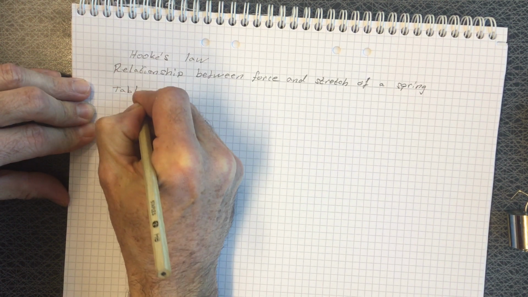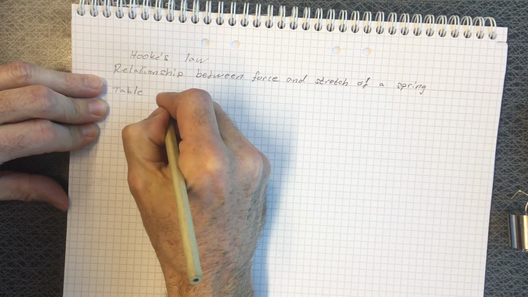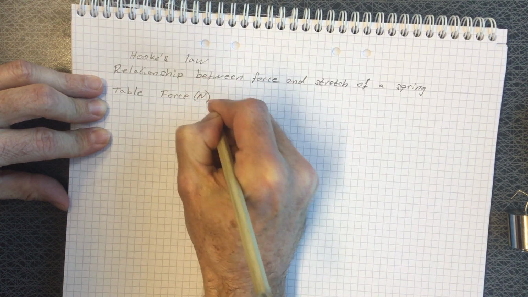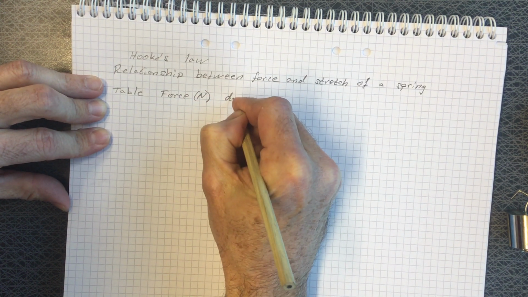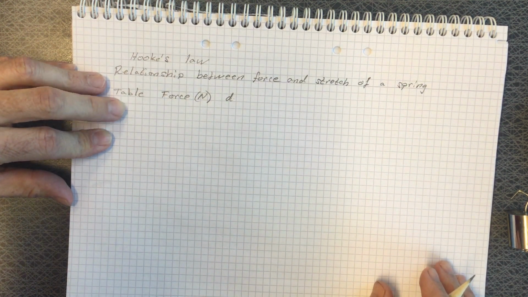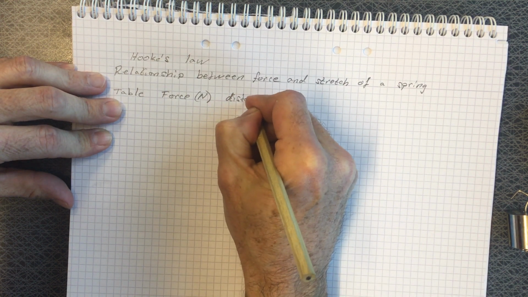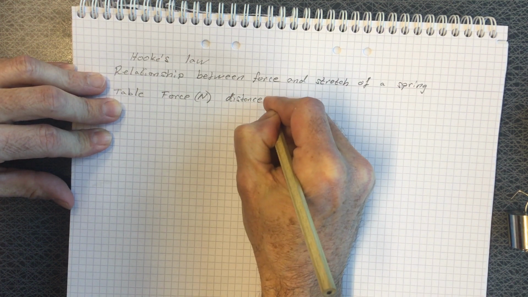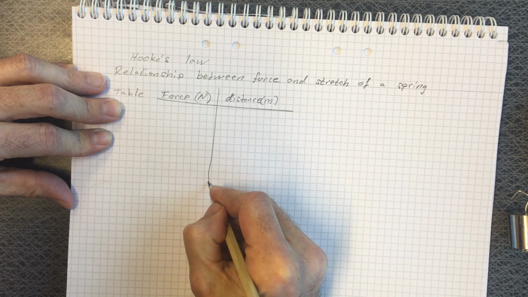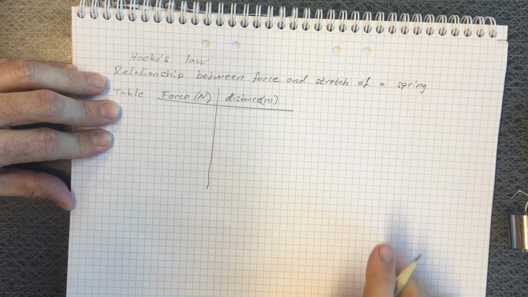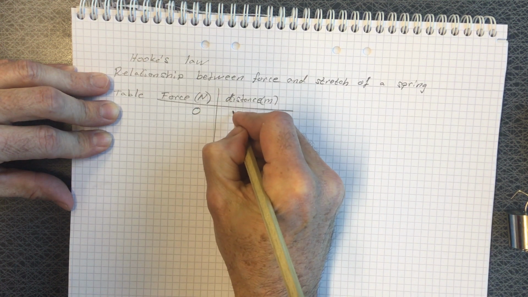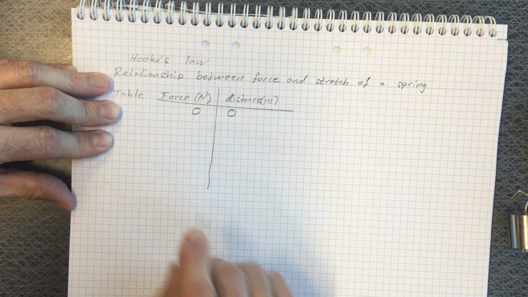We need a table to see the relationship between force measured in Newtons and the distance that the spring stretches, in meters. When I did it, I realized that with no force attached at all, there was no stretched distance.